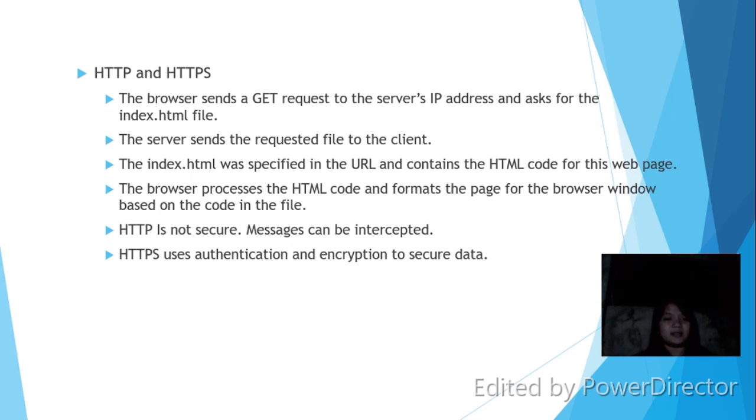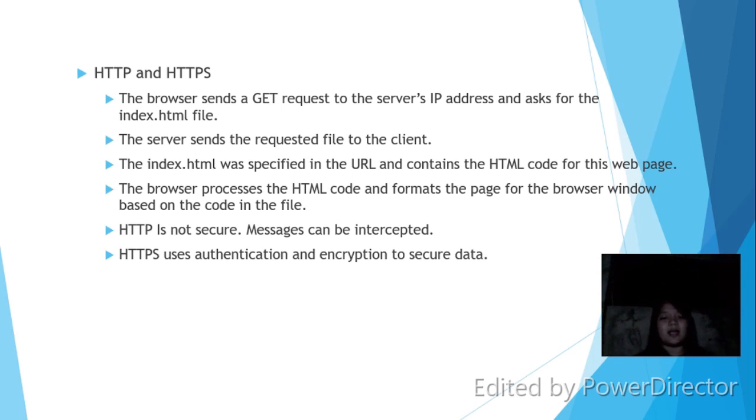The index.html was specified in the URL and contains the HTML code for this web page. The browser processes the HTML code and formats the page for the browser window based on the code in the file. HTTP is not secure. Messages can be intercepted.